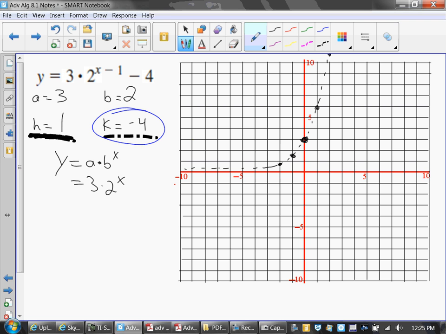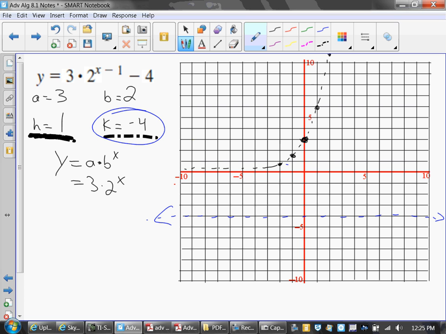I know that my asymptote is going to be at negative 4. There's my asymptote. Is it okay to shift points that are fractional amounts? You just got to be careful with them. They're not that difficult to move around. As long as you're close, it's not that big a deal.